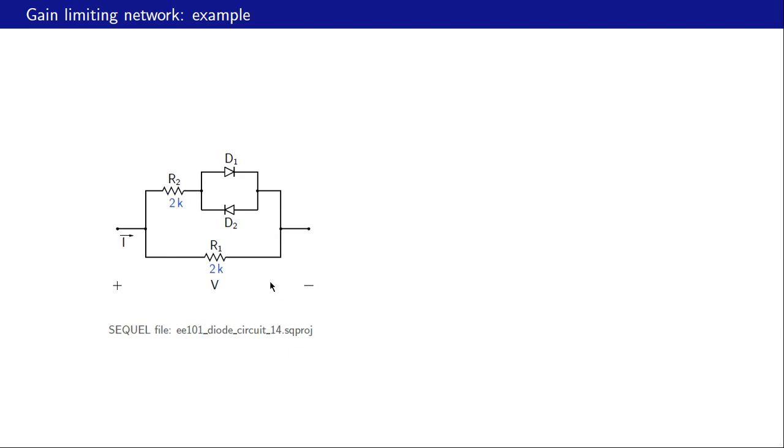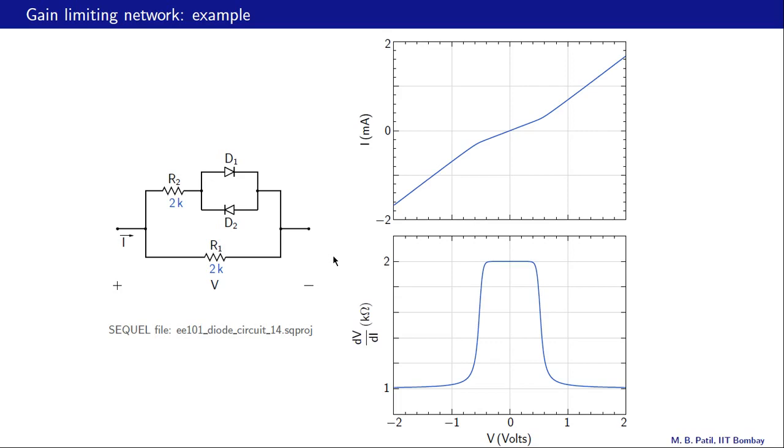Similarly, if we make V negative and keep increasing it in the negative direction, at some point D2 will turn on, and then we will have this current as well as that current, and that again will change the slope of the I versus V relationship. So let us now look at what the IV looks like.